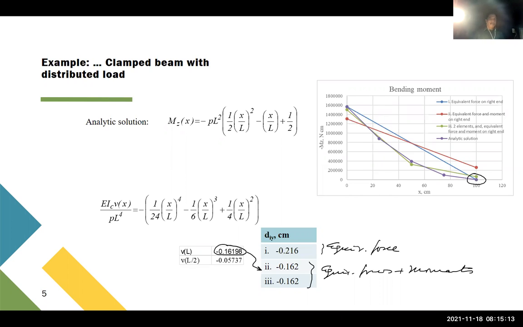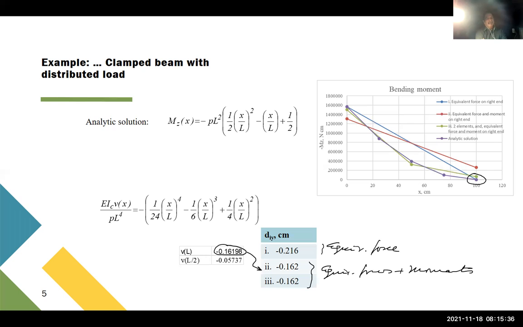Okay, so the message here is in general that when we have distributed forces, we should be careful, okay, using finite elements. We should care about convergence, always.